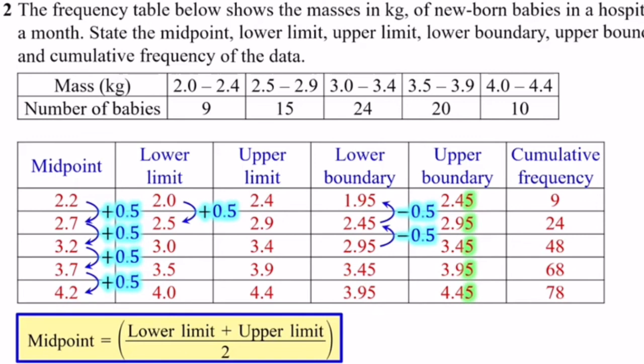We'll start with the upper boundary first, and then we shift down to the lower boundary, and then we minus the 0.5, the size of the class. Alright, so that is the technique of doing cumulative frequency of the data.